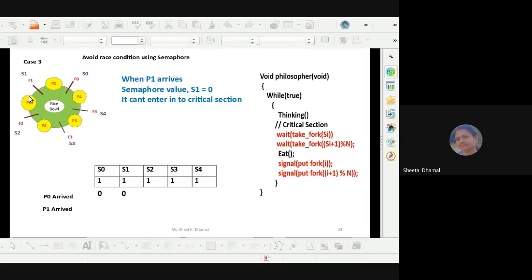So what will it do? P1 will enter into the block state because he is not getting the resource which he requires. So P1 is blocked.